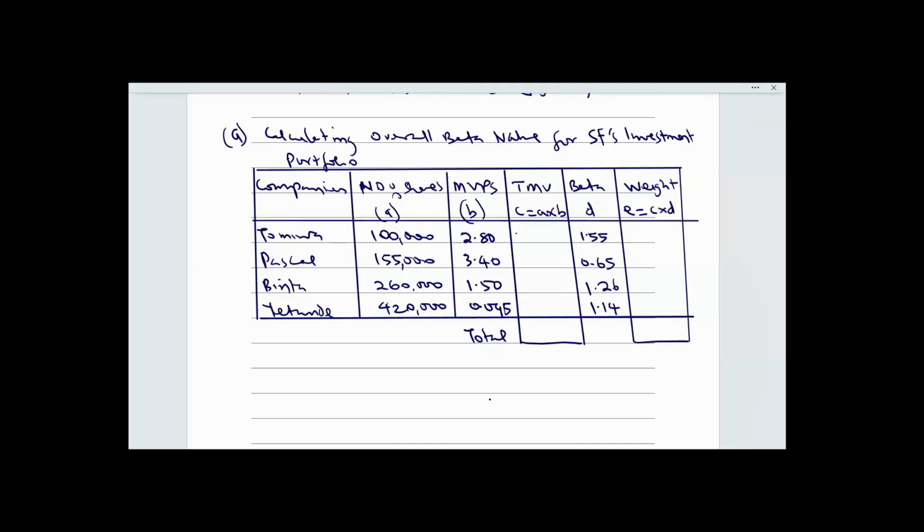Okay, so this one will be 280,000 multiplied by 1.55. That gives 434,000.